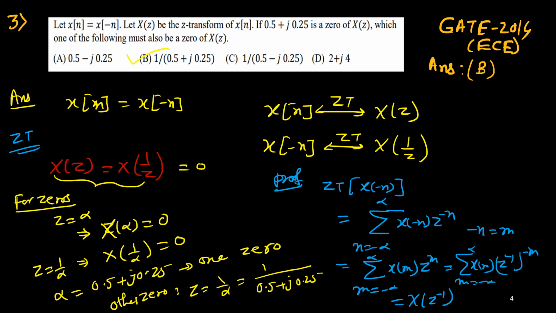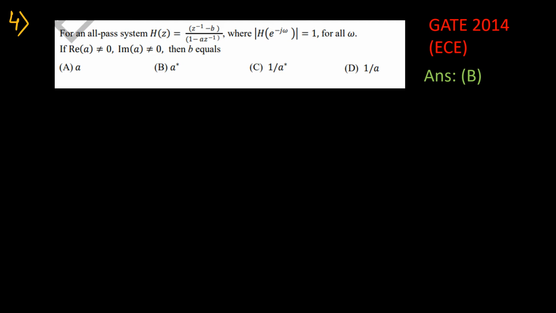Okay, now the fourth one, H of z is given and it says that it is an all pass system, so H of e to the power j omega, its magnitude equals 1 always for all omega, right?